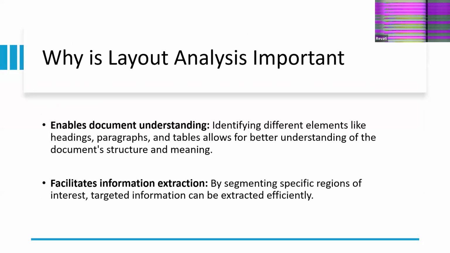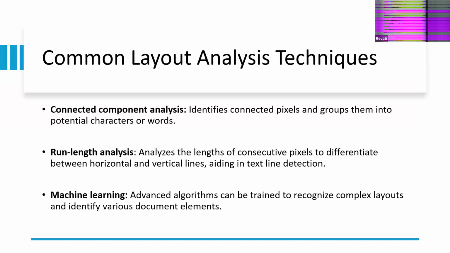It is important because we need to know where each component is located. That's the main purpose of layout analysis. And we do have libraries right now that help us understand the layout. There are common techniques for layout analysis, out of which machine learning and deep learning are commonly used.